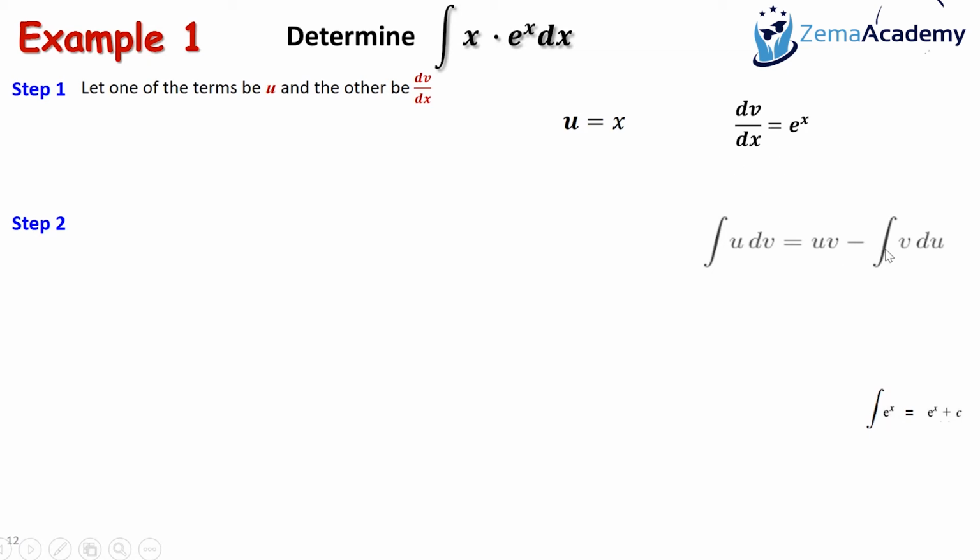Integral v, again you need v and du, but you don't have du either. So in order to determine this v and du, you need to do some processes on these two terms. For u equals x, you need to differentiate u with respect to x so that this becomes du, and you need to integrate dv so that it becomes v.